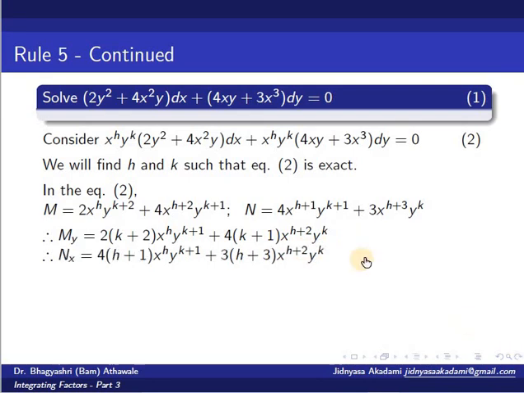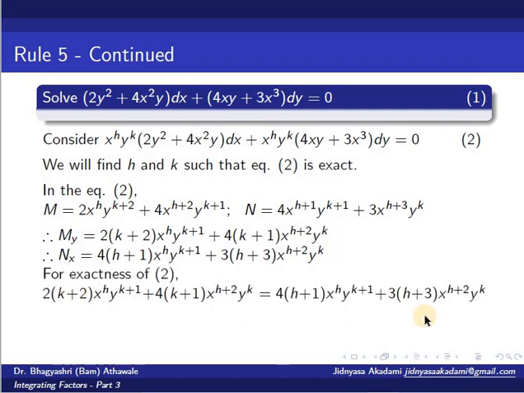And ∂N/∂x is equal to 4 into h plus 1 into x raised to h y raised to k plus 1 as it is, plus 3 into h plus 3 into x raised to h plus 2 y raised to k as it is. So to find h and k, we equate these two partial derivatives with each other.